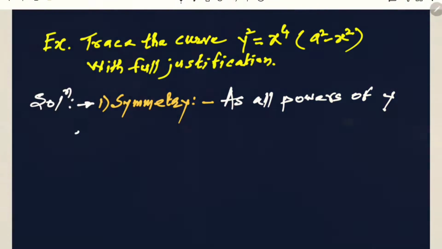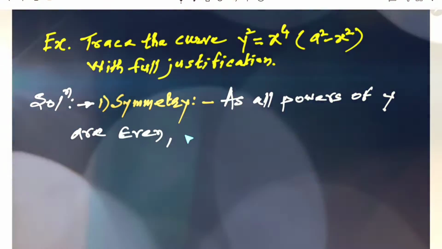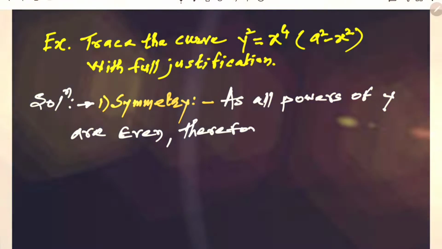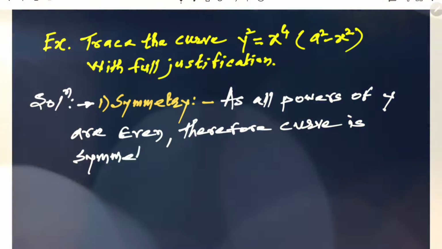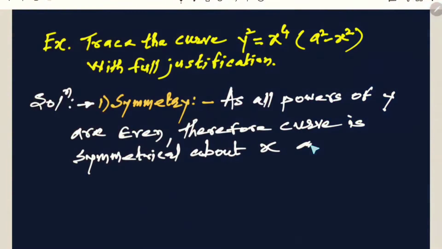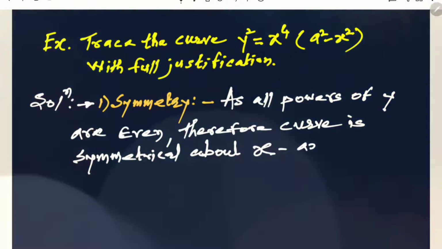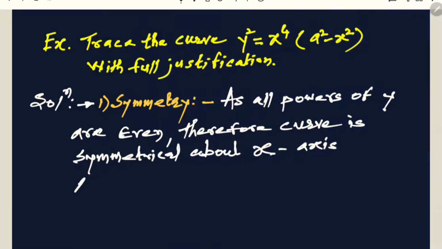The first one, symmetry. As all powers of y are even, the curve is symmetrical about x-axis. Also, all powers of x are even. There are two terms, x raised to 4 and x square, both even.